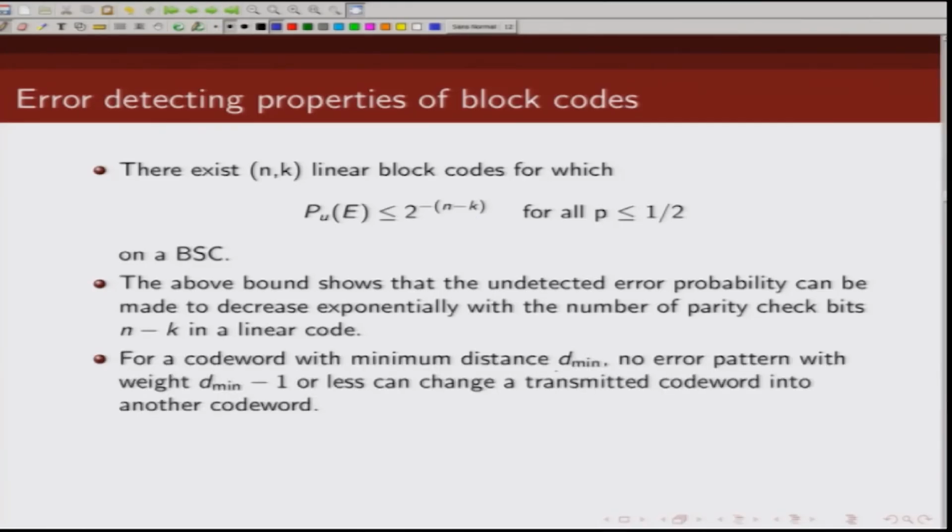Now, if we have a code with minimum distance d min, we know that any error pattern of weight less than or equal to d min minus 1 is not going to change a code word into any other valid code word. So, in other words, an error pattern of weight d min minus 1 or less cannot change a valid code word into another valid code word.